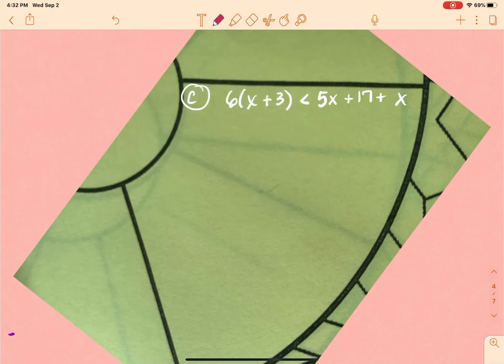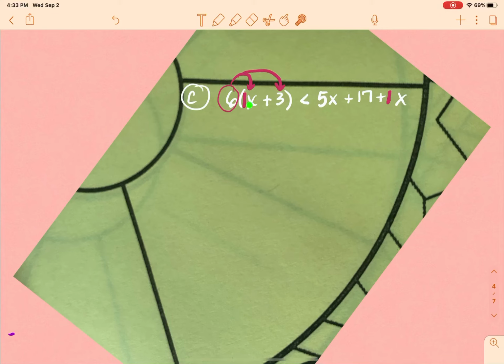Now again, don't be worried about stopping the video so you can write stuff down. That's completely okay. The only thing I might do here is add the 1 from the beginning, and then I'm going to focus on this side because it's got the parentheses. Remember, if there's a number out in front of the parentheses, I'm going to distribute.